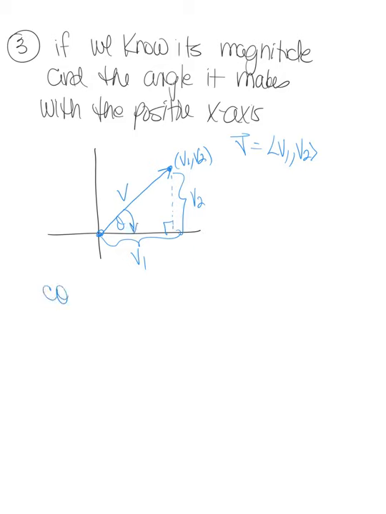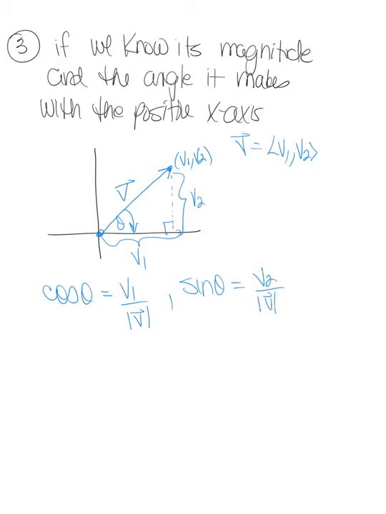Then I know that the cosine of theta will be the length of the adjacent side, which is v1, divided by the length of the hypotenuse, which is the magnitude of v. Likewise, the sine of that angle will be the length of the opposite side, which is v2, divided by the length of the hypotenuse, which is the magnitude of v.